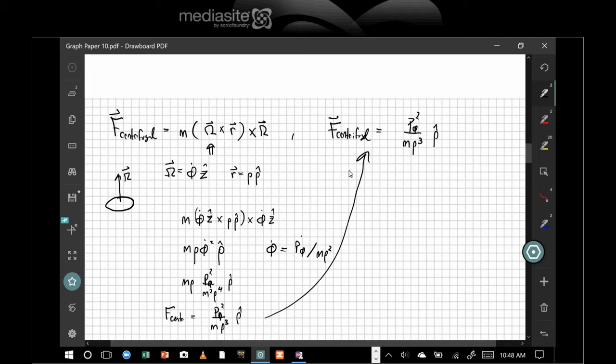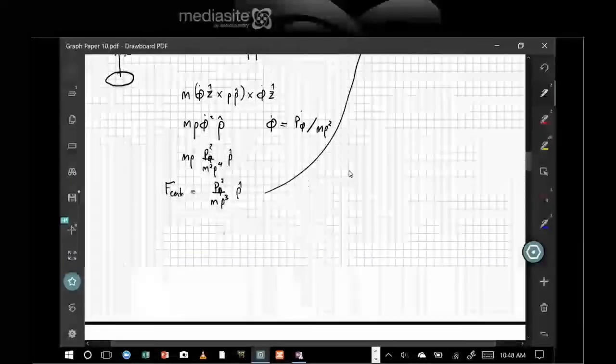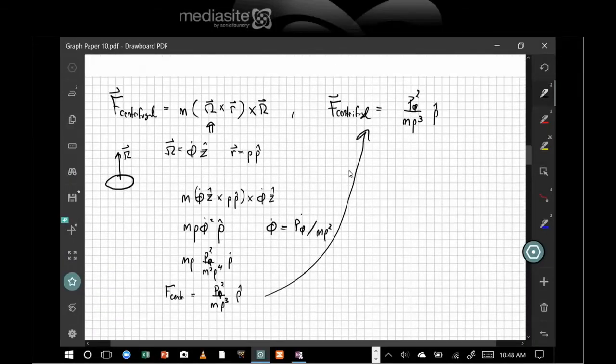So now I can stick those into these terms here. I get mass, and then here I get phi dot z cross r, which is rho hat, and then cross phi dot z.